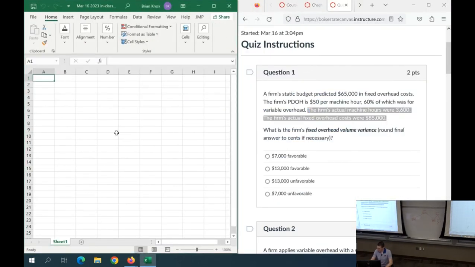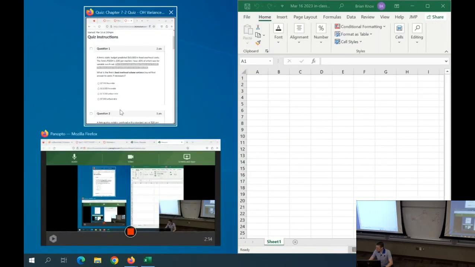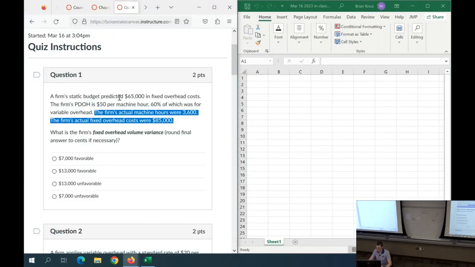Actually, I think it works better the other way. All right, so this is a FOH volume variance question. So we know we're going to have to subtract 65,000. That's our static budget fixed overhead cost.